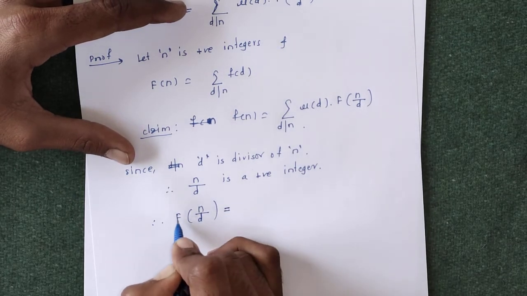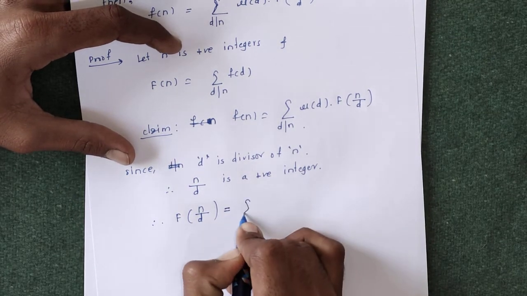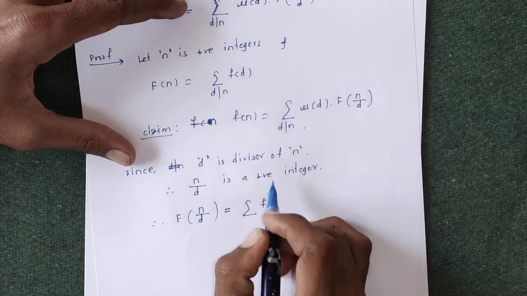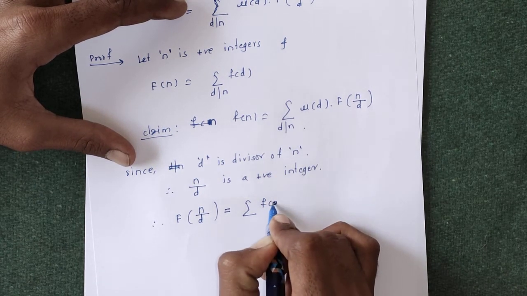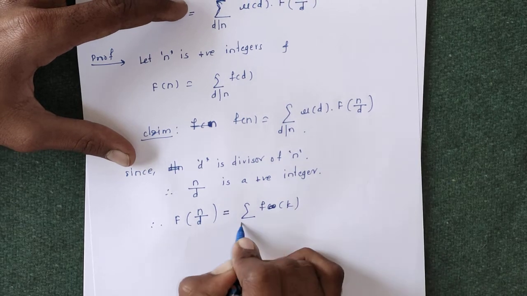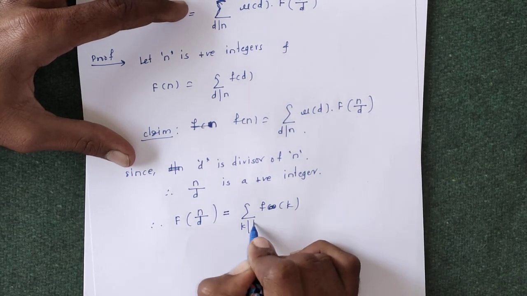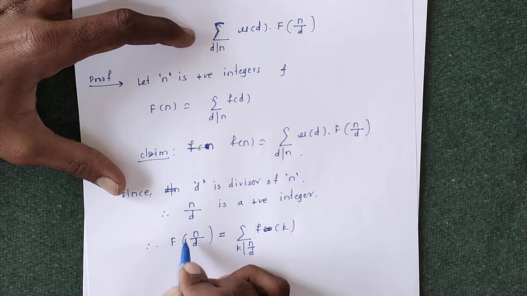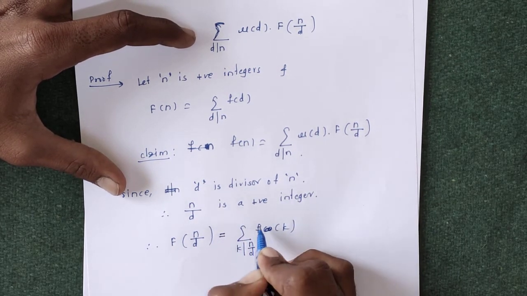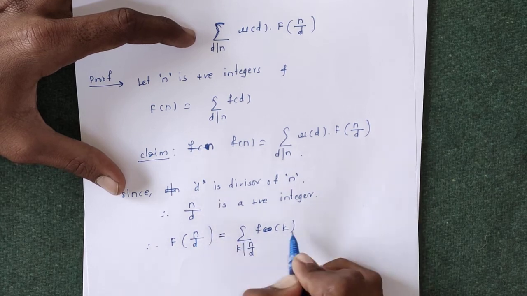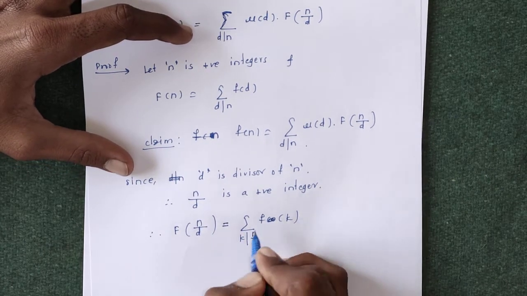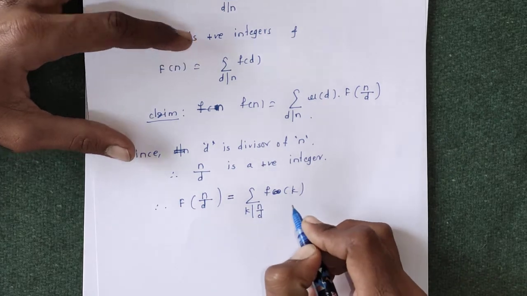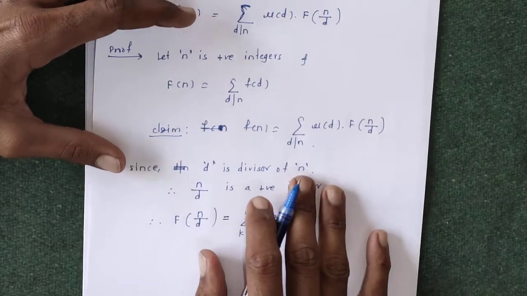Now using that on n by d, it is the summation of small f of k, since d is already used, where k is a divisor of n by d. So F of n by d is equal to the summation of f of k such that k divides n by d.